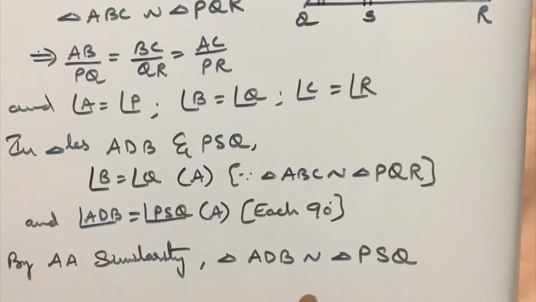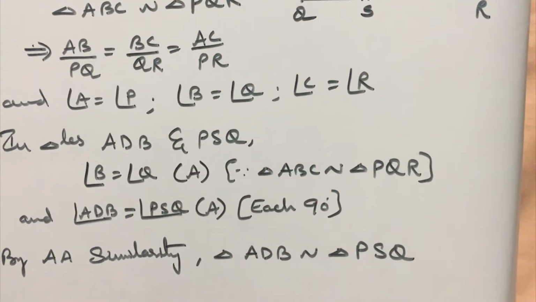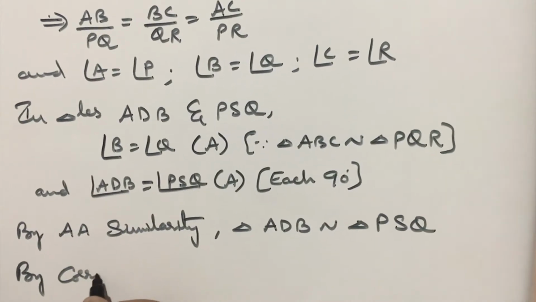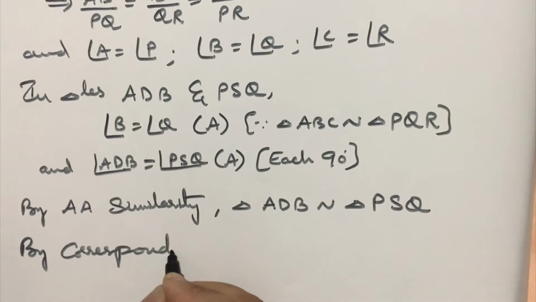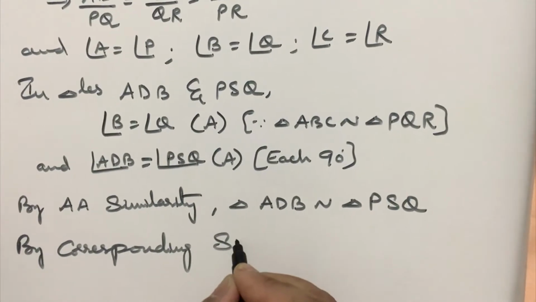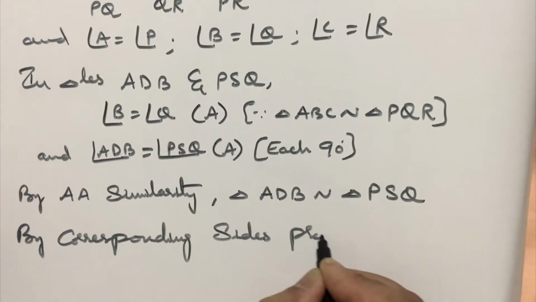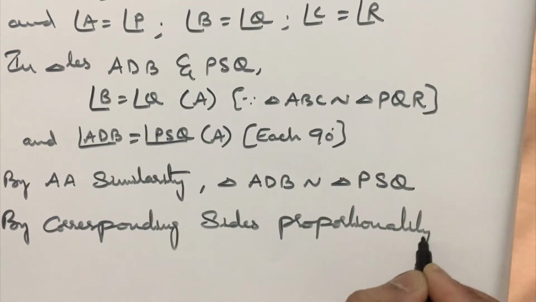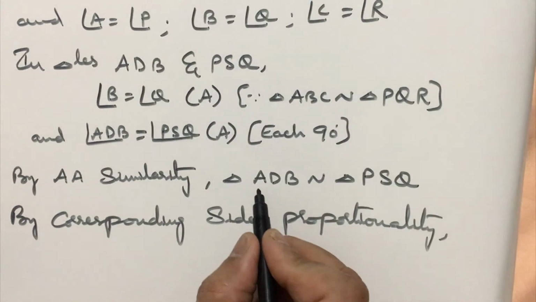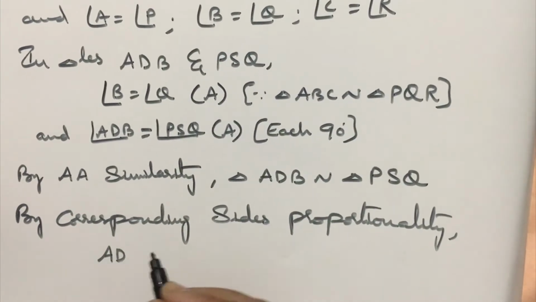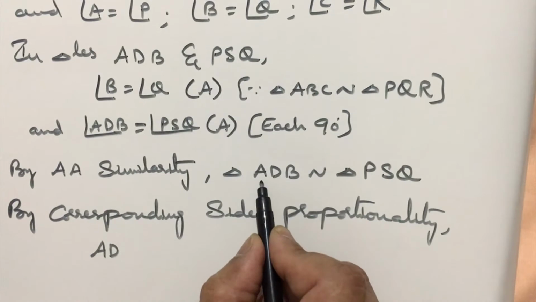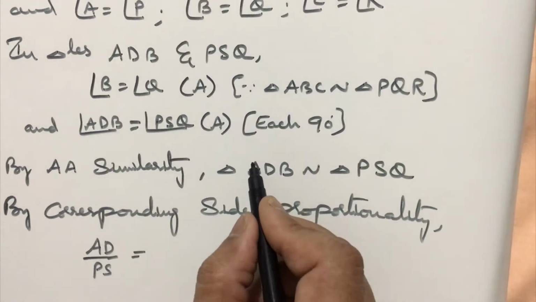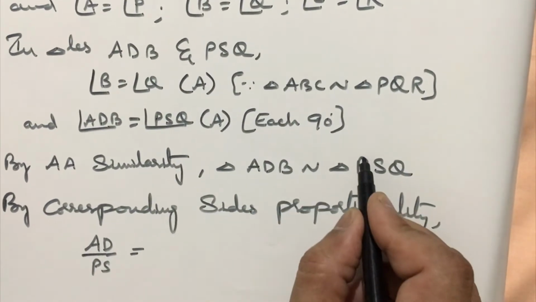If any two triangles are similar, you can take the corresponding sides proportionality. So by corresponding sides proportionality, you can say that AD by PS, you have to use the one-to-one correspondence in this exam: first two letters by first two letters, is equal to the first and last letter AB by the first and last PQ.